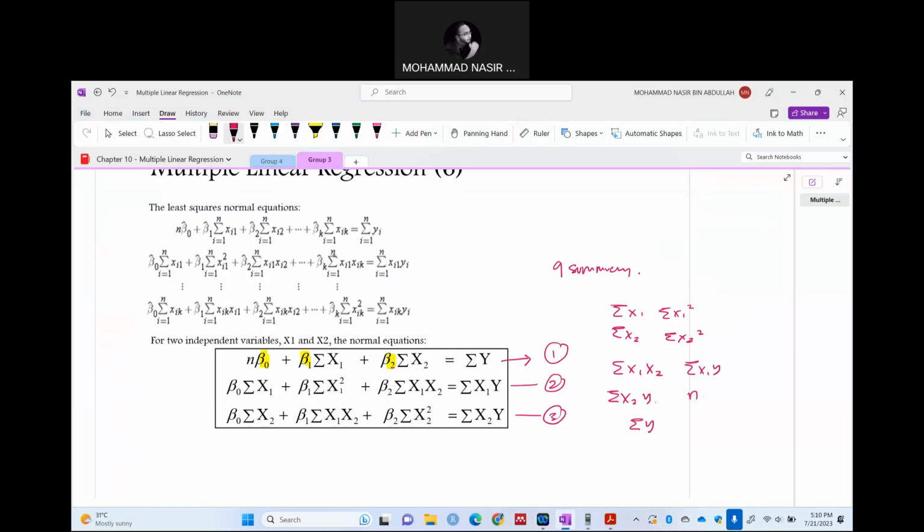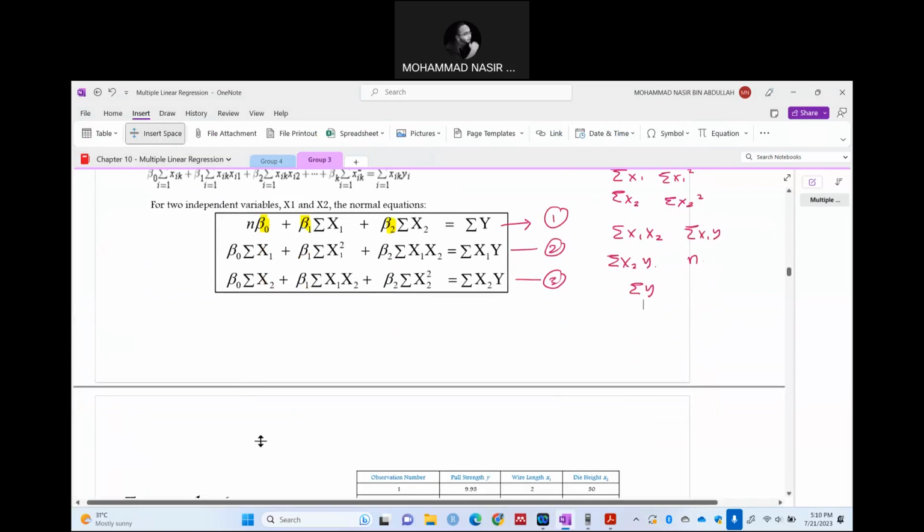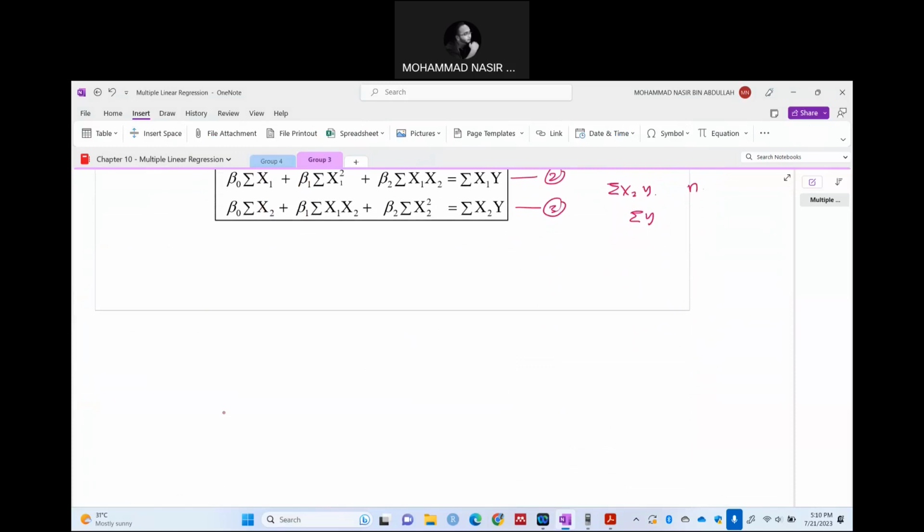So I'm looking for another formula. There is another way to find beta naught, beta 1, and beta 2 by using a formula.